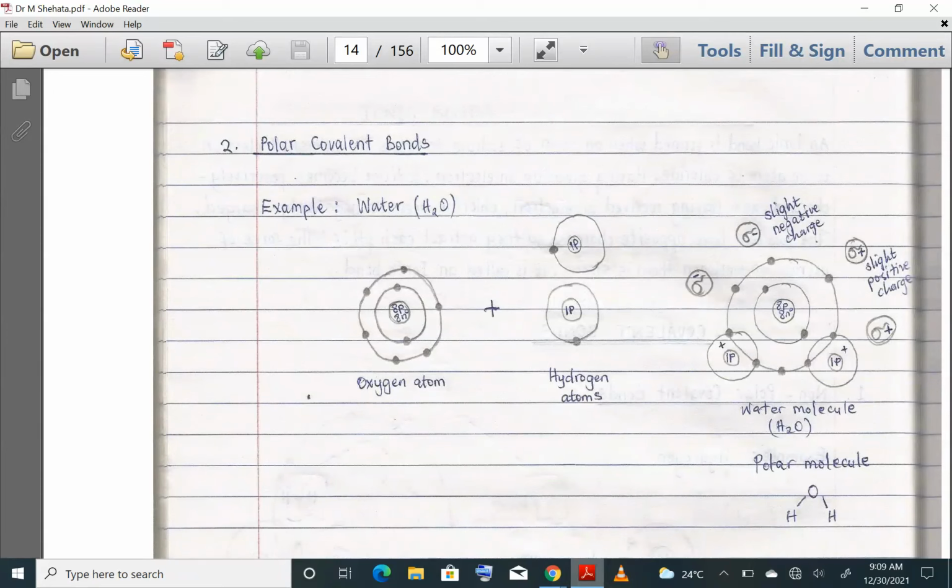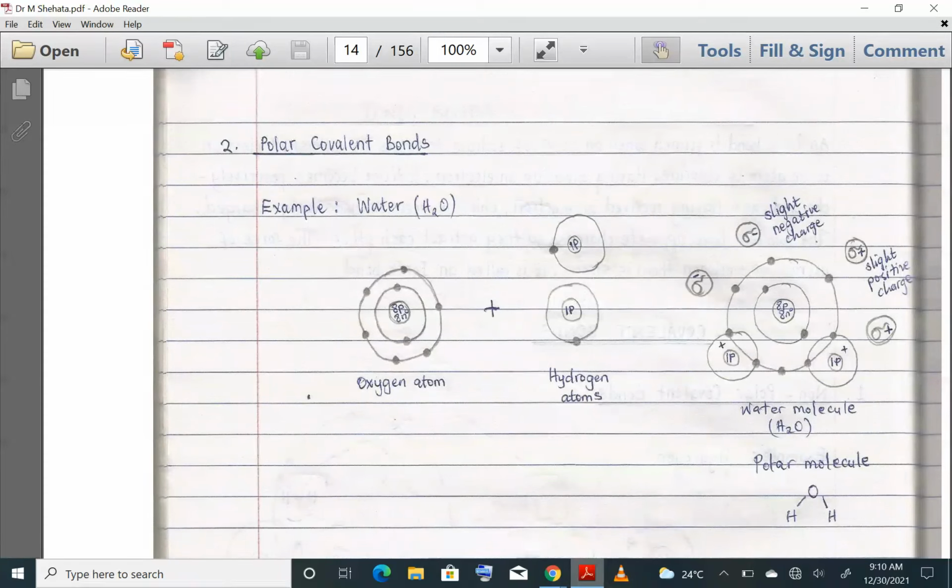We need two hydrogen atoms, because each hydrogen atom can only give us one electron at a time. That's why we are going to have those two hydrogen atoms. So when you see here again, the octet and the duet rules have been fulfilled: the duet rule, of course, for the hydrogen atoms, and the octet rule for the oxygen.